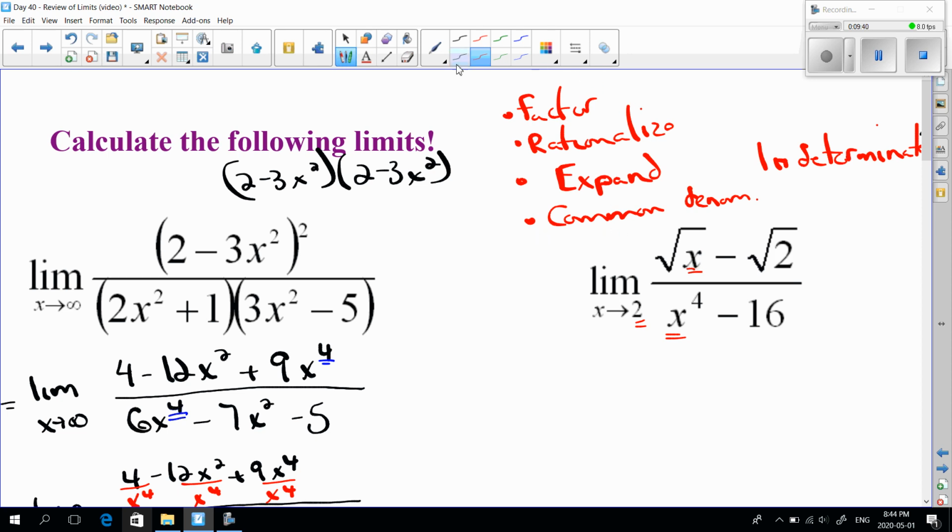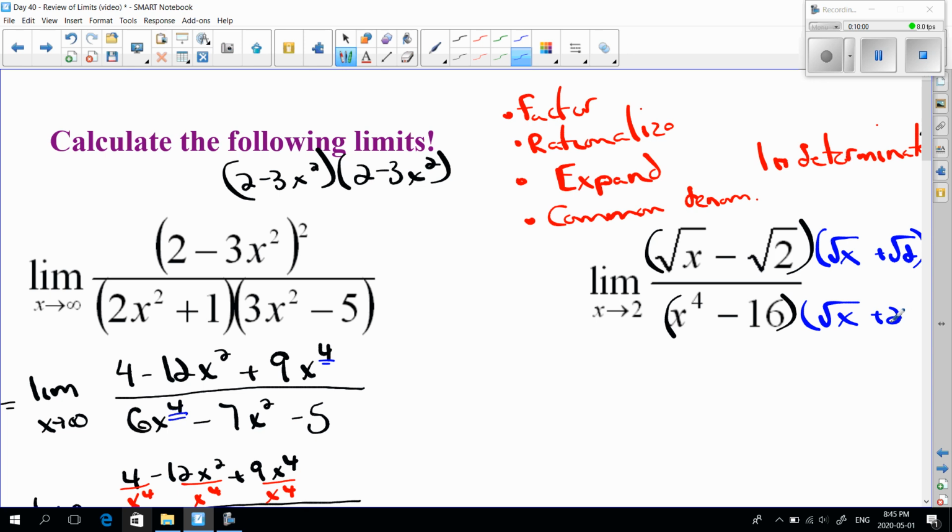In this situation, in order to get rid of the indeterminate form, I am going to multiply both the numerator and the denominator by the conjugate of root x minus 2, which would be root x plus 2.